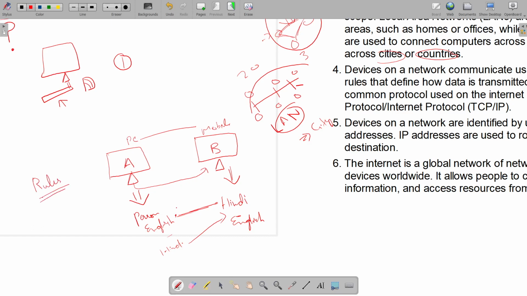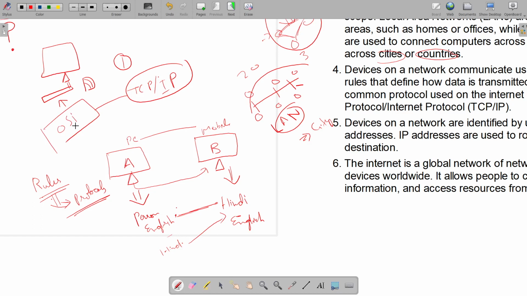Okay, so what are these rules? These rules are known as protocols. Okay, protocols. So there are some protocols. We can know that every device follows the TCP/IP protocol. Okay, every device connected to the internet follows this protocol, which is actually derived from a theoretical model that is known as the OSI model.